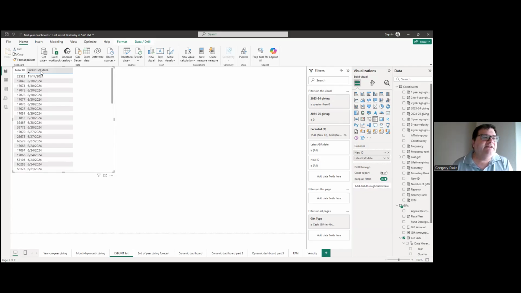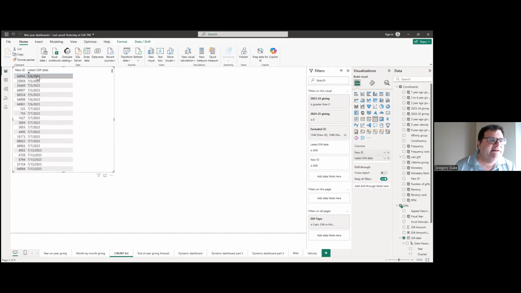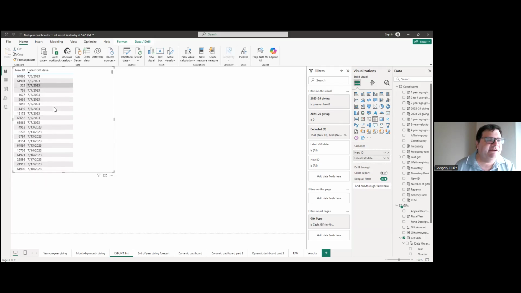And we can check that. I have to say that there are a few error pieces just because this institution counted gifts of 0, which sometimes screw up the numbers. That usually means a gift in kind. But what we can see here is all these people who gave in July last year or August, all the way up to November 18th last year, but they haven't given this year.